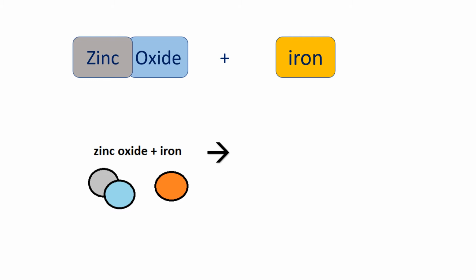So there is no reaction. Now we could just leave our reaction unfinished, or if you wanted, you could simply repeat your reactants from the beginning. So zinc oxide plus iron makes zinc oxide plus iron, because iron is not reactive enough to displace the more reactive zinc.